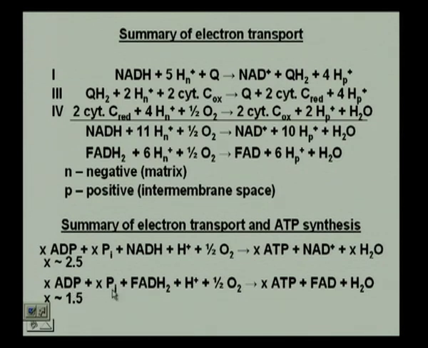For the system FADH2 to FAD, you get 1.5 moles of ATP. Okay. In older books, you will see that this is 3 and 2, but now the convention is that for ADP plus Pi, if it is an NADH NAD plus system, you will get 2.5 moles of ATP, and for the FAD system you will get 1.5. Okay. So many ATPs synthesized.